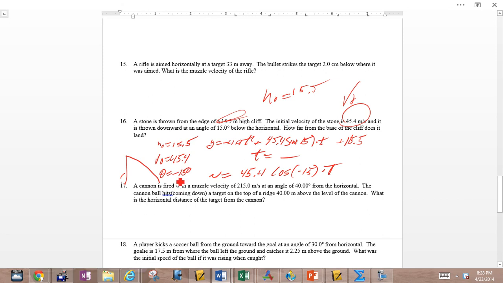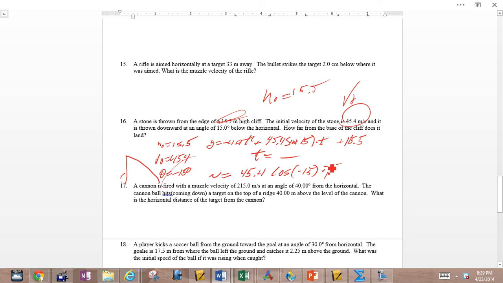So my angle is actually negative 15 degrees, since it's being thrown downward. How far from the base of the cliff does it land? Well, I can't tell you how far it goes from the base of the cliff. That's this equation here: x equals v sub 0 cosine negative 15 times time.